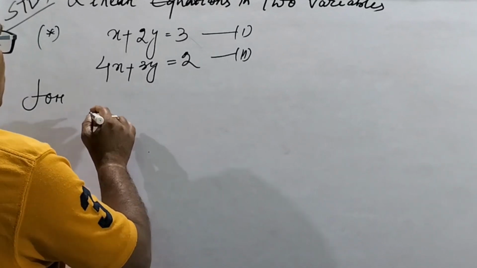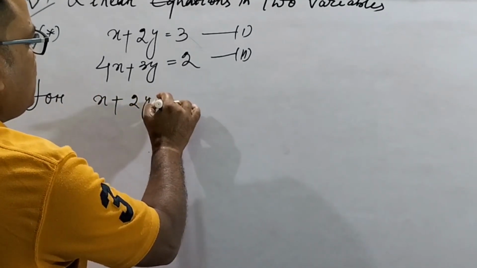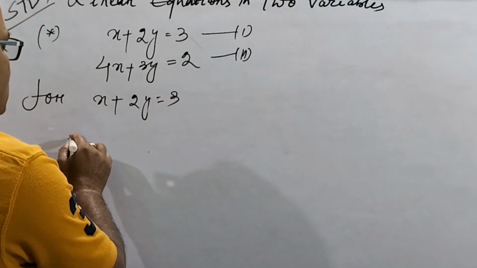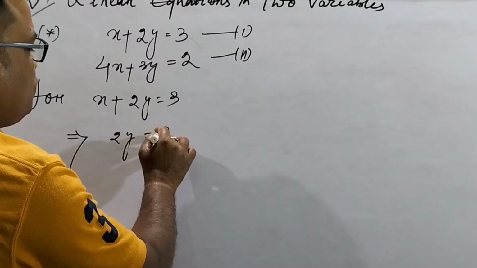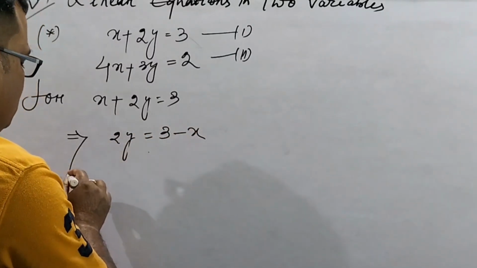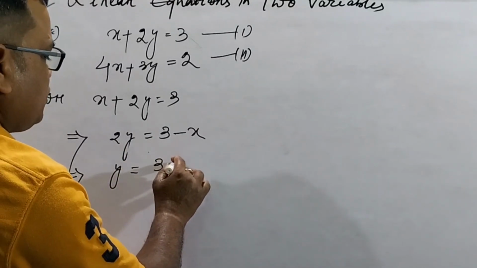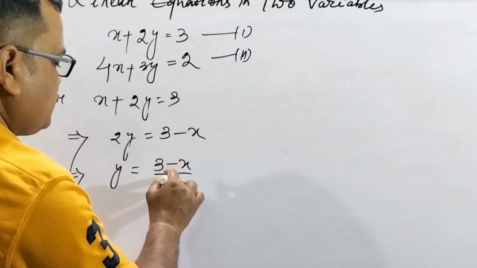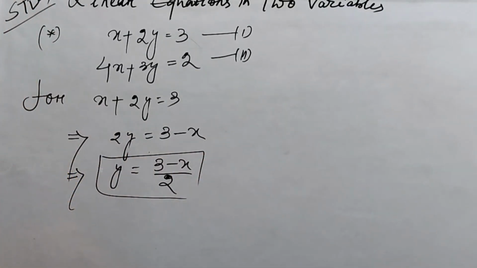Now for equation 1, x plus 2y equals 3. That implies 2y will be 3 minus x. That implies y equals (3 minus x) by 2. Here we got the value of y equals (3 minus x) by 2.